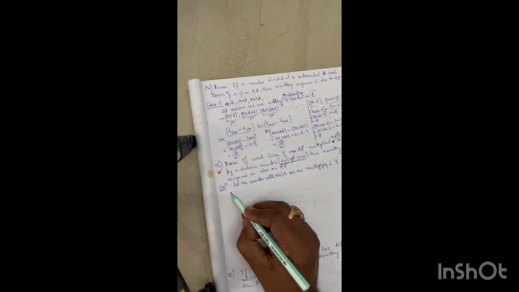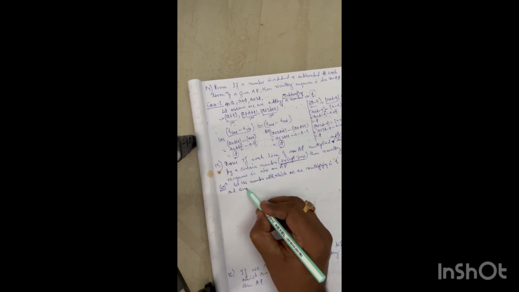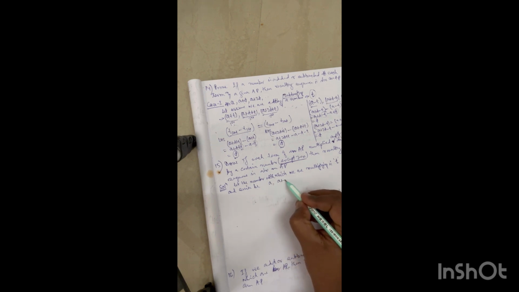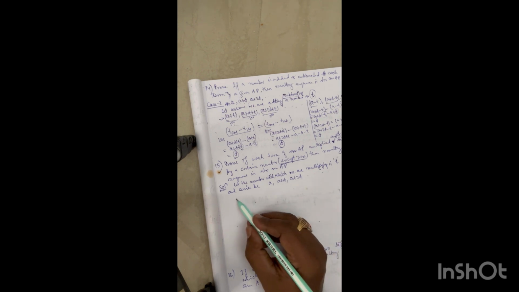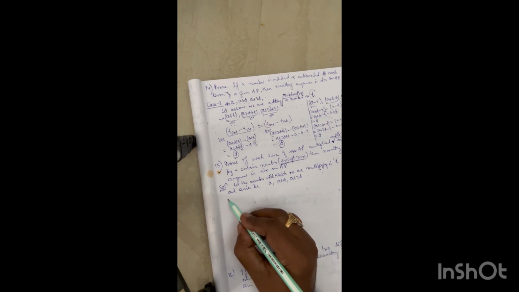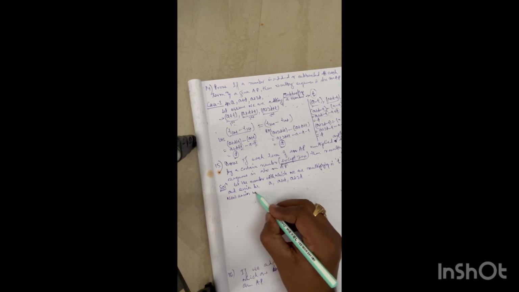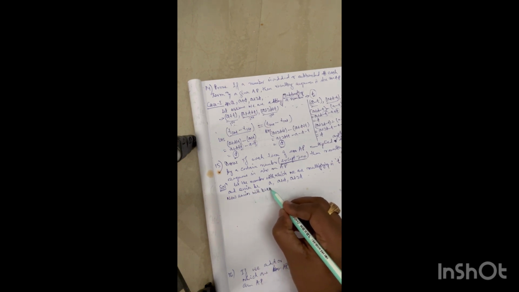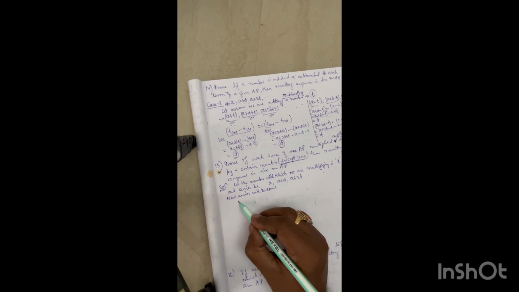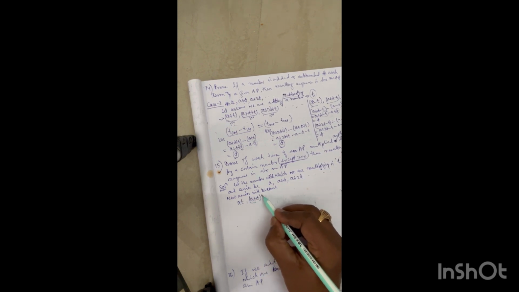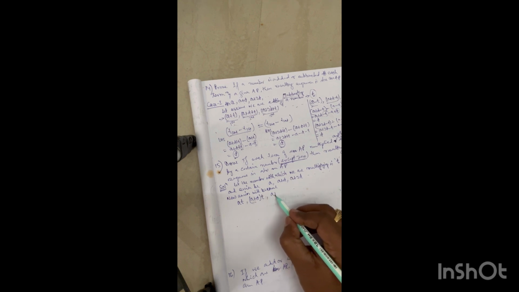The original series, series B, is a, a plus d, a plus 2d, likewise. Now, when we multiply this, the new series will become a into t, (a plus d) into t, (a plus 2d) into t, like that.